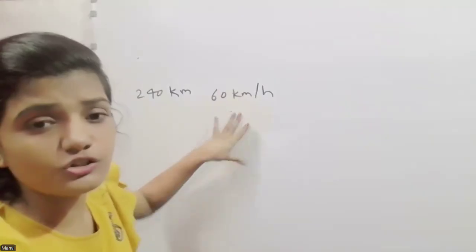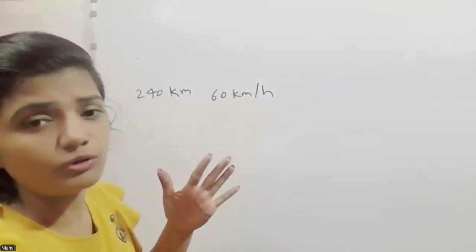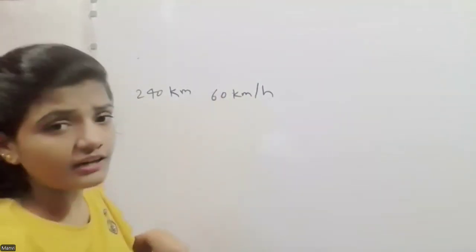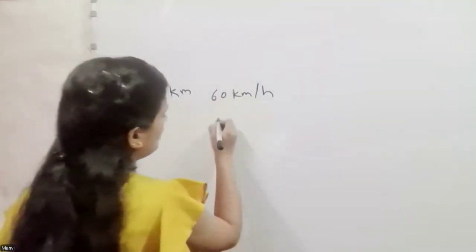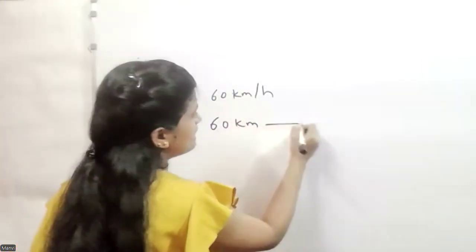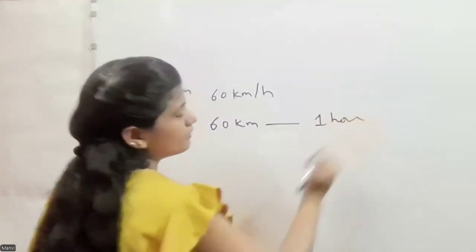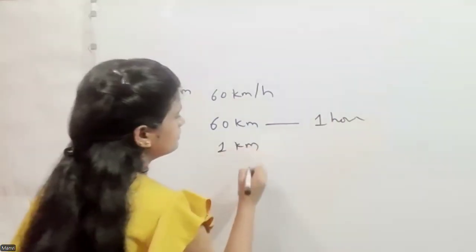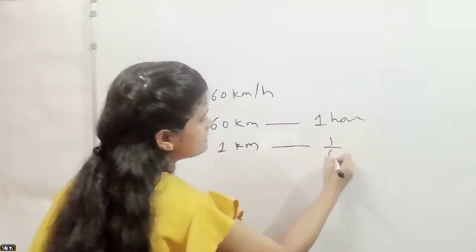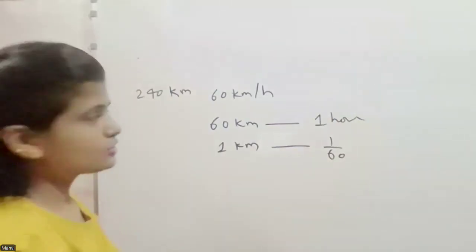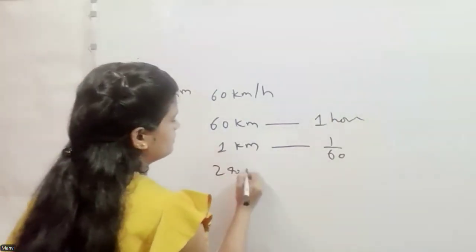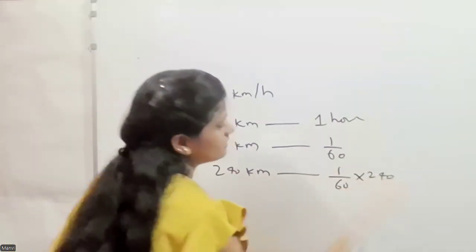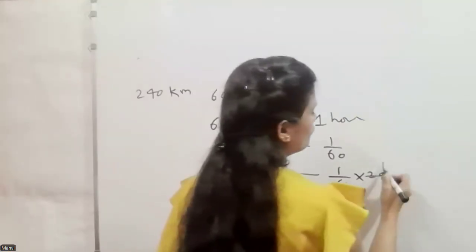So for this question also, you don't need to calculate using the formula. You can simply say, okay, a car travels 60 kilometers in 1 hour, right? So for 1 kilometer, the car needs 1 by 60. So for 240 kilometers, the car needs 1 by 60 times 240, which is 4 hours.